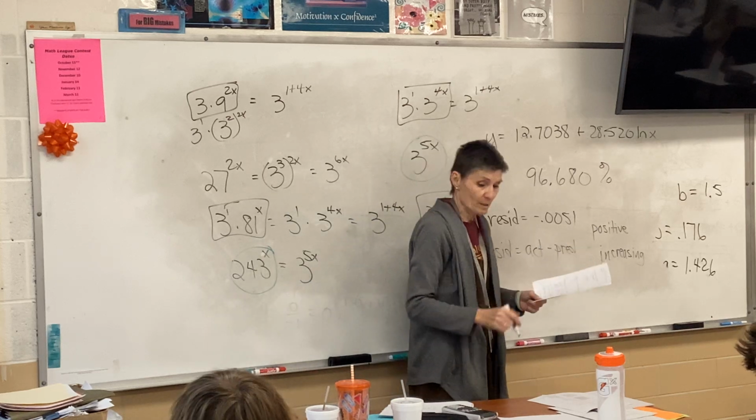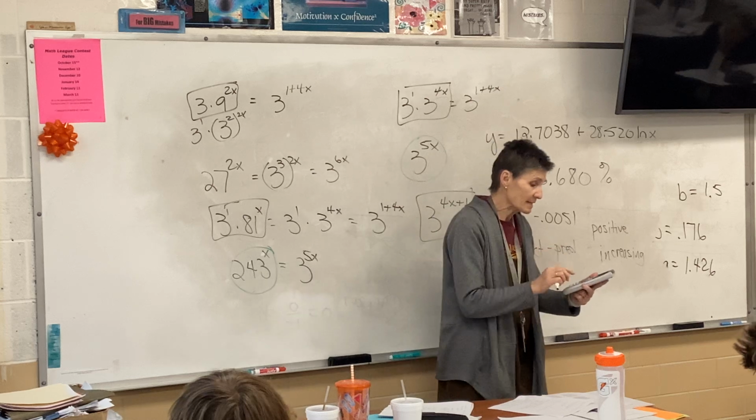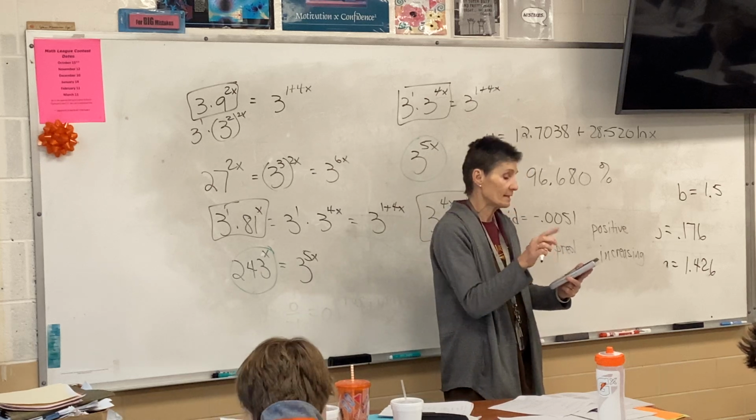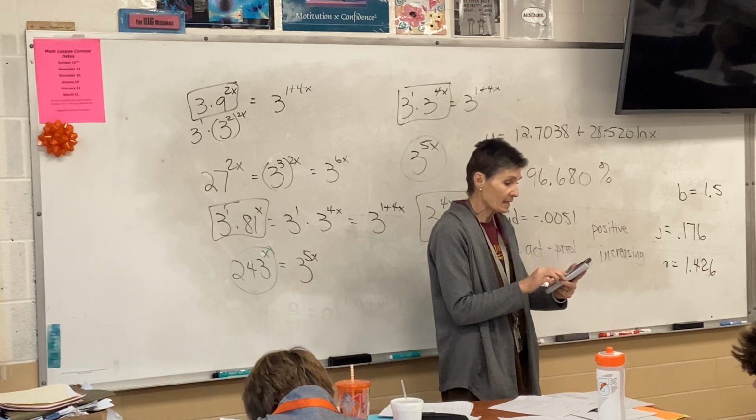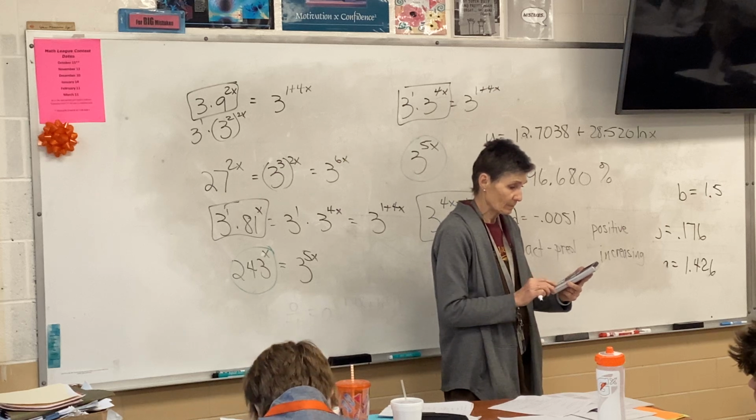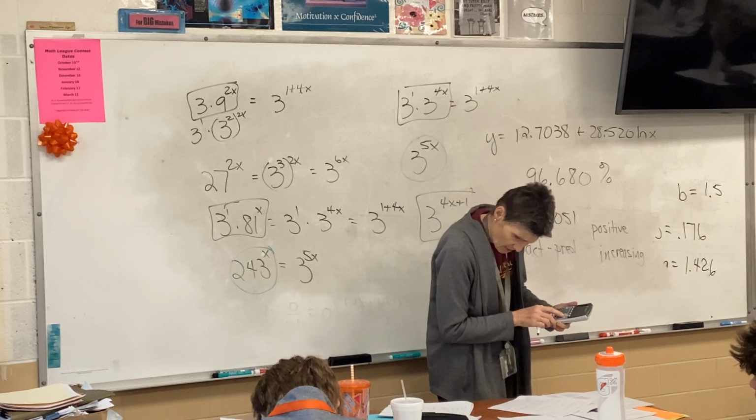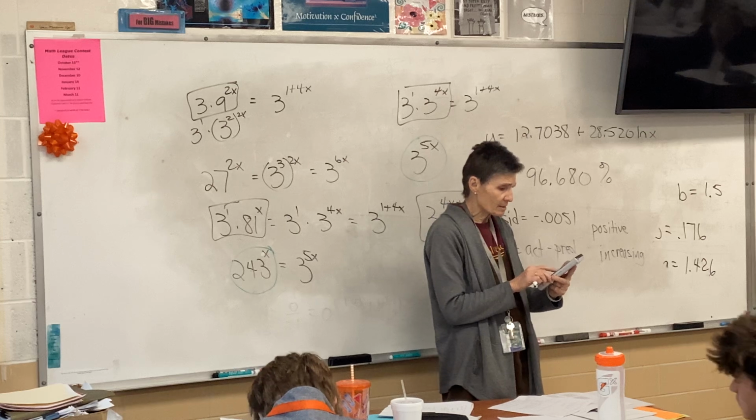Find a linear regression for the data. Well, that's easy because you've already got the data in. So go to Stat Calc and do a linear. And it's A plus BX.